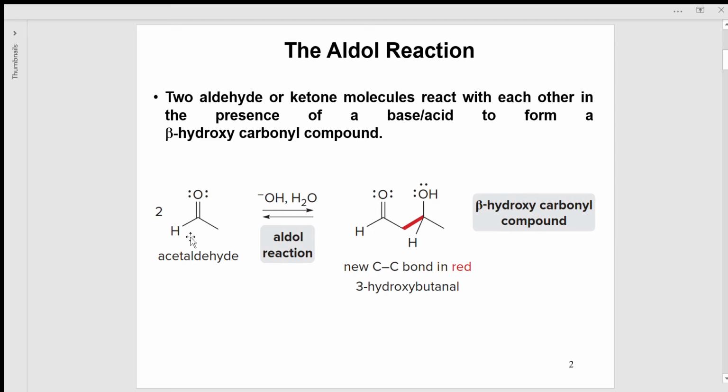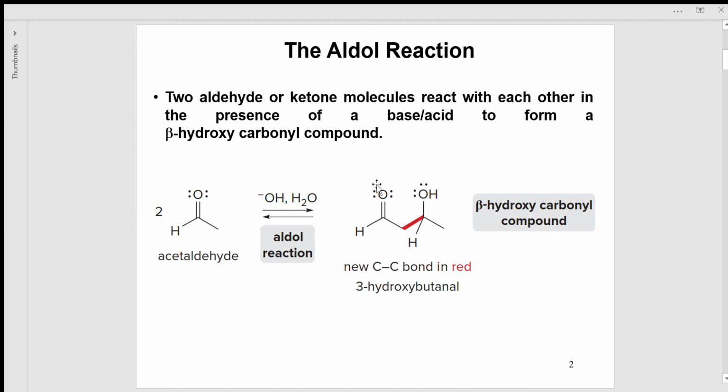So in this case, it is an aldehyde with two carbons here. In base condition, we can form a condensation product. Basically, two aldehyde molecules react with each other to form a new molecule.